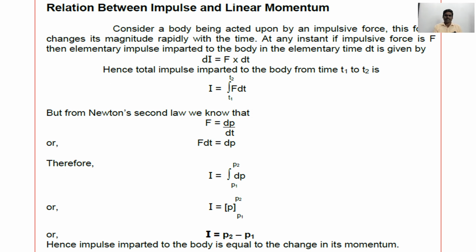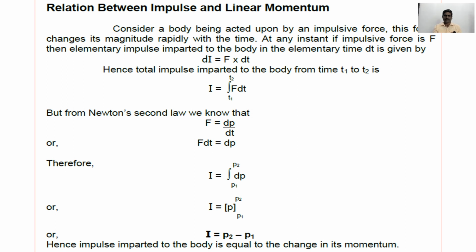Here, the total impulse imparted to the body from time t1 to t2 is I equal to the integration from t1 to t2 of F into dt. But from Newton's second law of motion, F equal to dp by dt. And if you simplify this, F into dt equal to dp. Therefore, substitute F into dt equal to dp.